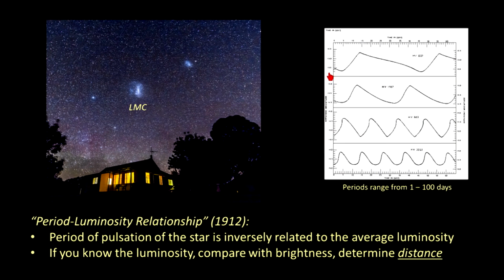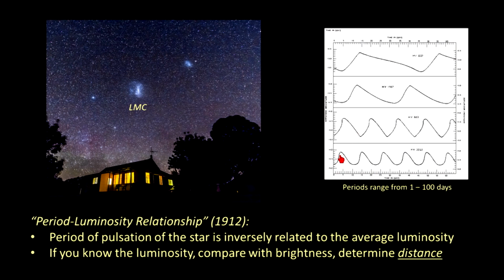Now over here on the right, you can see 4 examples, and each one of these is a Cepheid variable star. And what you'll notice is that the brightness of each of these stars is changing over time, so bright, faint, etc. They're all doing exactly the same thing. But you'll notice that the period of time that it takes them to change their brightness is different.